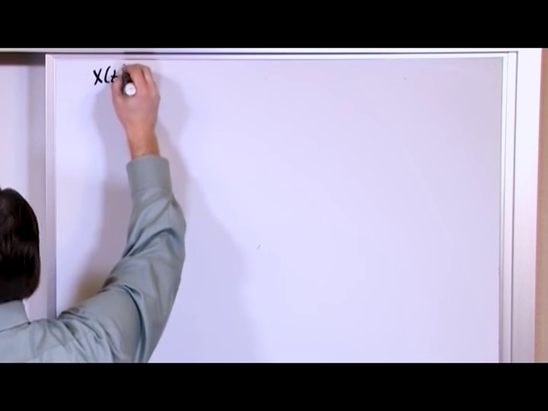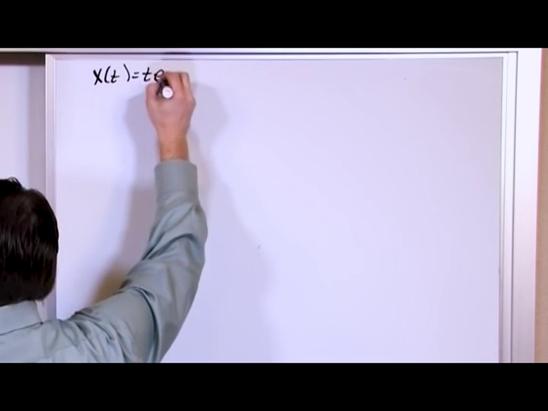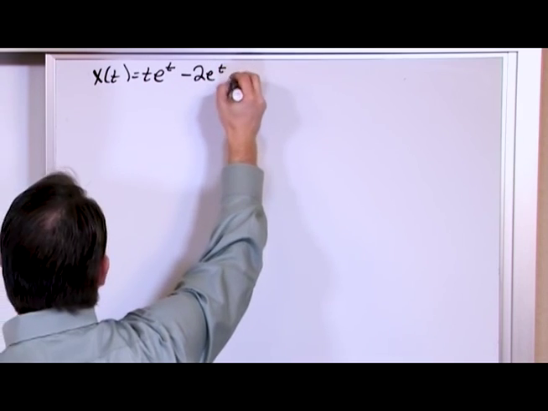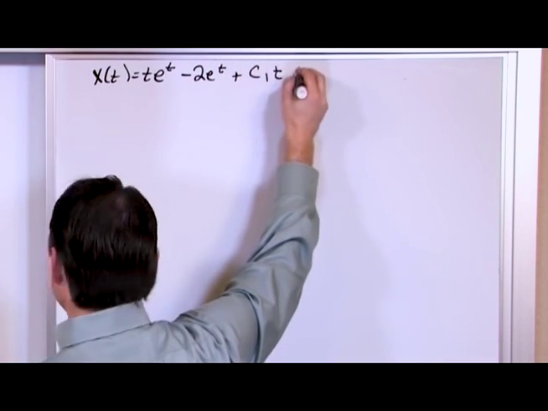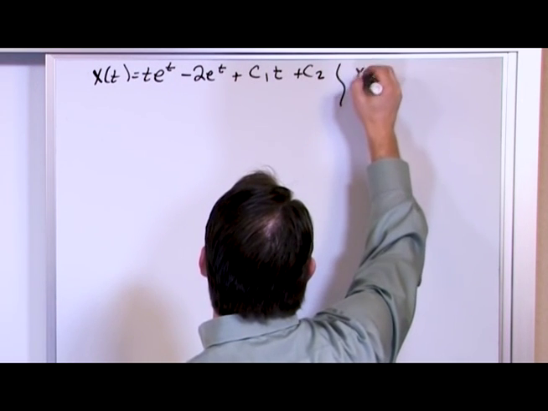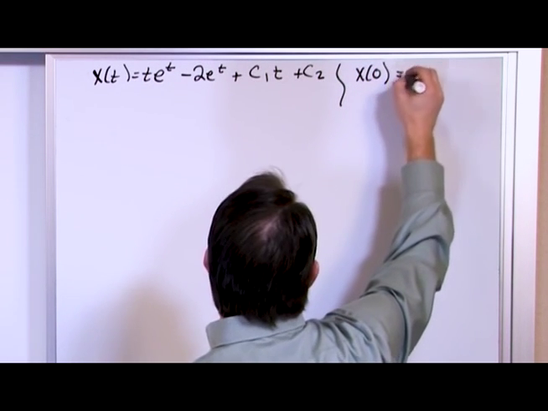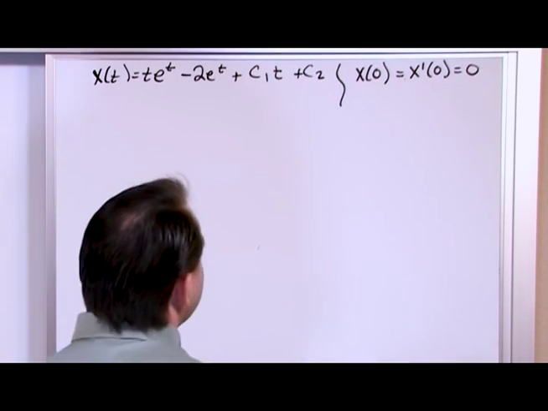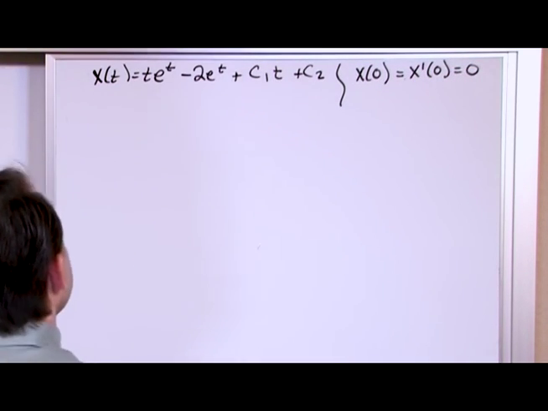x of t is equal to t e to the t minus 2e to the t plus c1t plus c2. And the initial conditions are x at time 0 is equal to the velocity at time 0 is equal to 0. So everything's basically not moving at the beginning, just like last time.